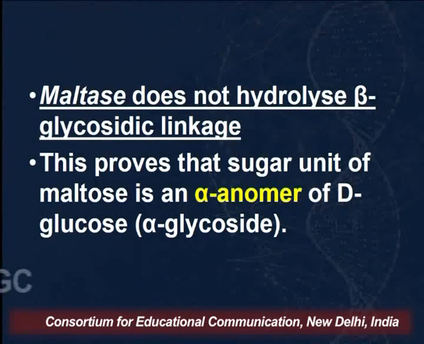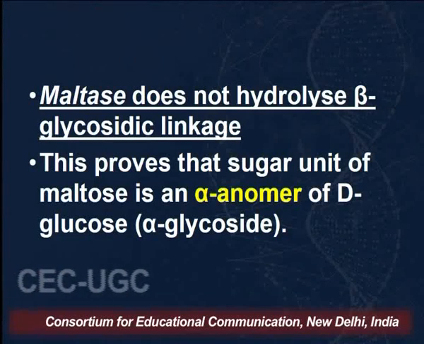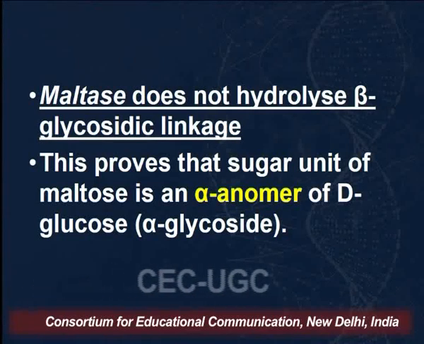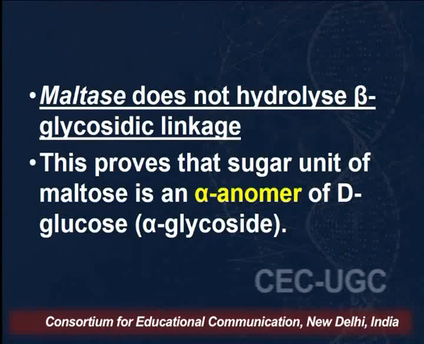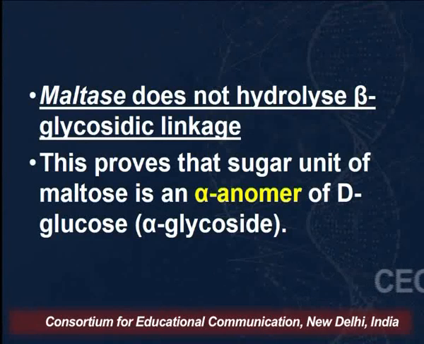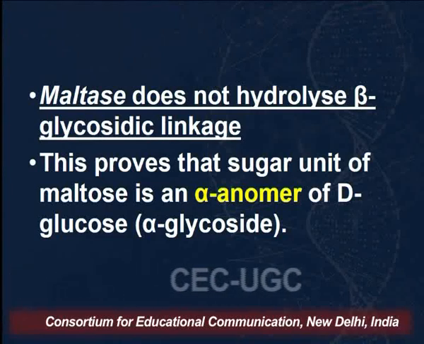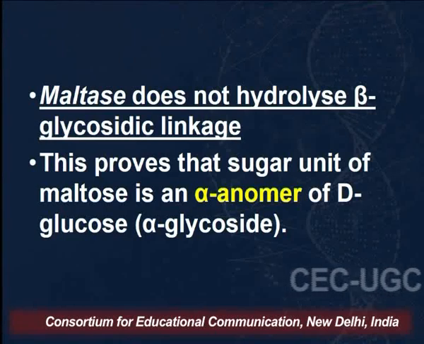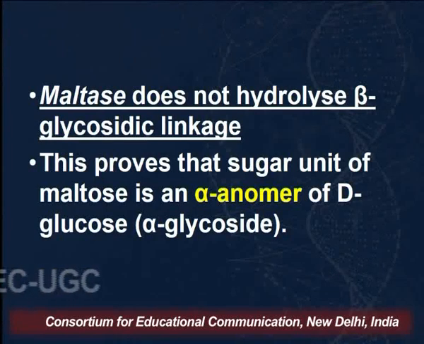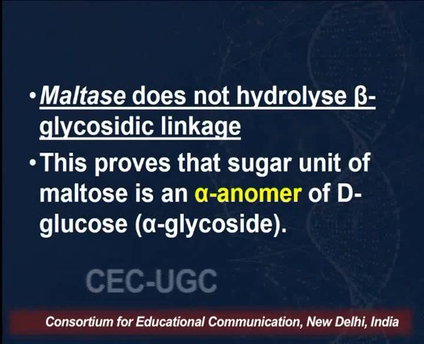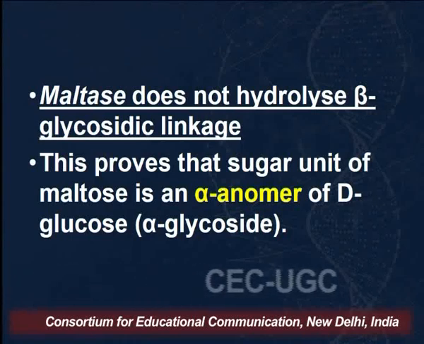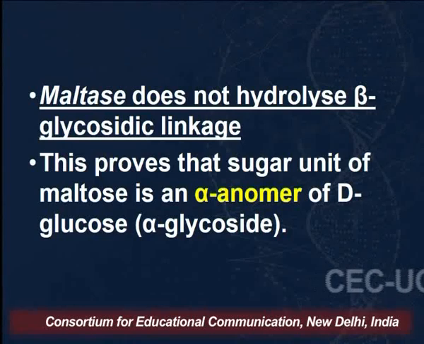Now, the next point that you have to remember, a question may be asked, what type of linkage does maltose have? Does it have an alpha glycosidic linkage, or beta glycosidic linkage? You have to remember it has alpha glycosidic linkage. Reason being that maltase enzyme does not hydrolyze beta glycosidic linkages.